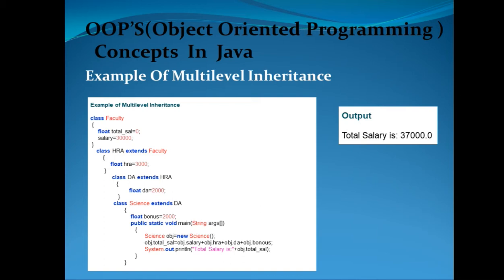So there is multi-level inheritance in that, and after that we create the object of the science class and call the methods object.salary, object.hra, object.da and object.bonus. After that we print the value of total salary, which is 37,000. So this is the example of multi-level inheritance. Please note this example.